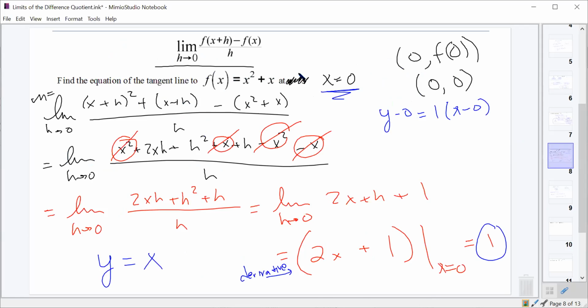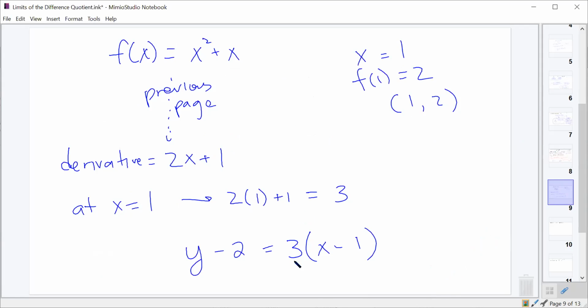But the slope of the line that's tangent to the function at any point, or the slope of the function at any point, is dependent on the x value that you choose. So we chose x equals 0 and got a slope of 1, and that gave us the y equals x line. And then we chose x equals 1 and got a slope of 3 and made this equation, and that's the tangent line. But they all come from the same derivative.